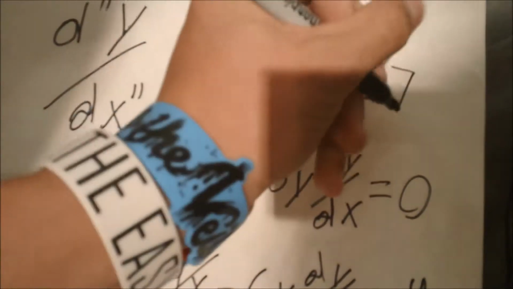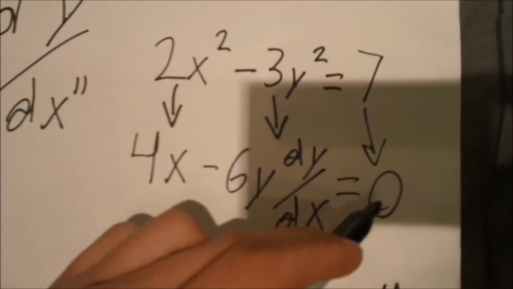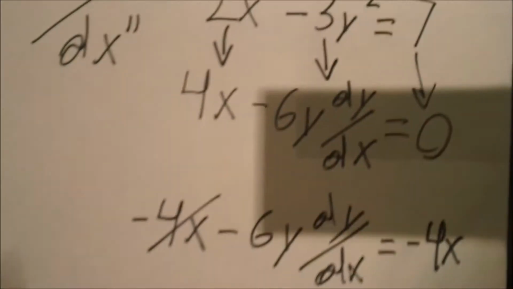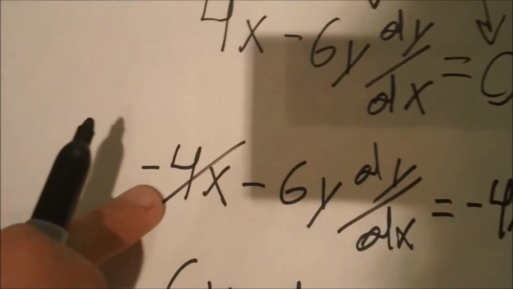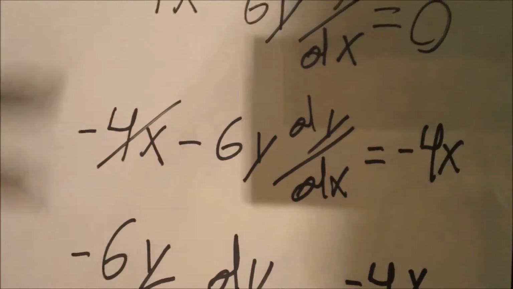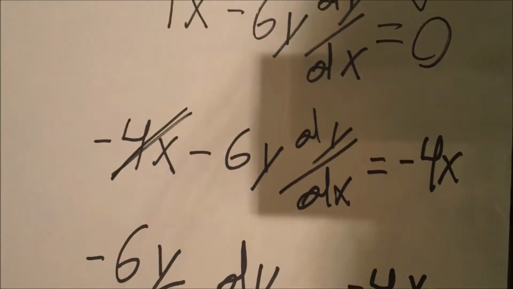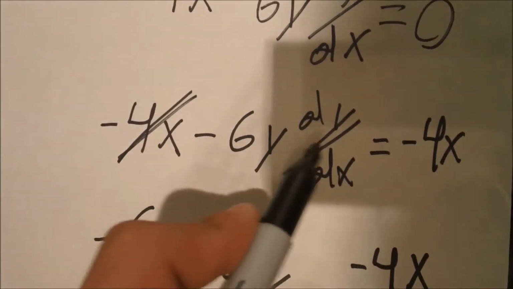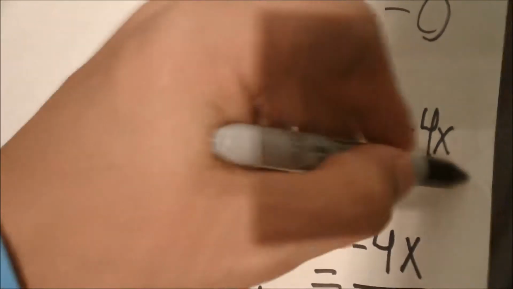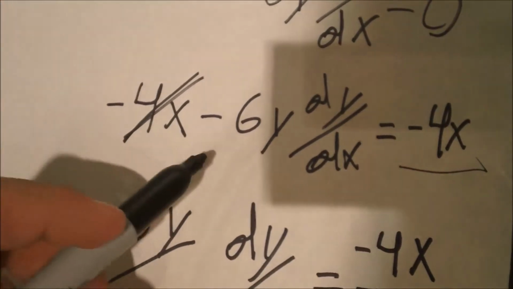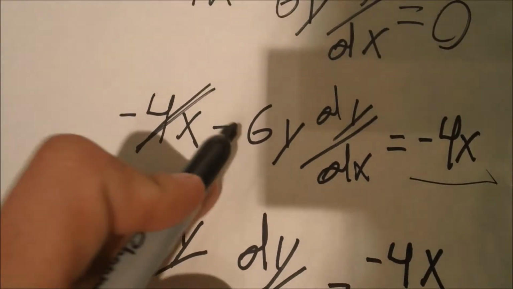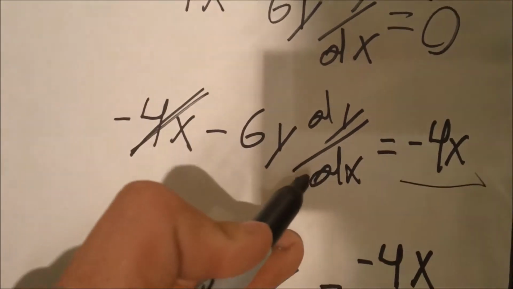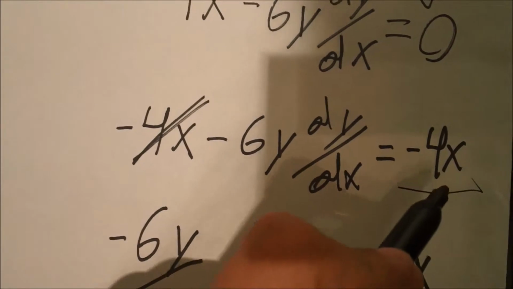And the derivative of this number right here, 7, is 0. So we move down, subtract 4x from both sides, leaving negative 4x here. And now you're left with your equation, negative 6y dy over dx equals negative 4x.